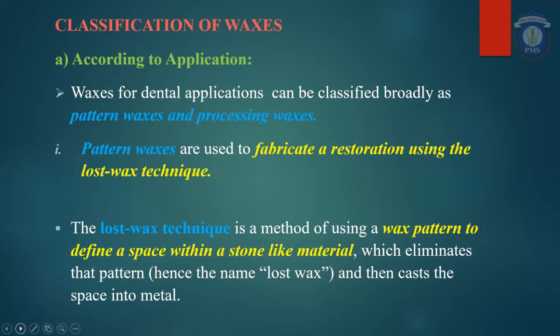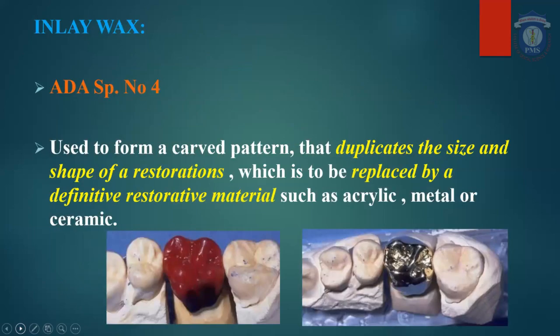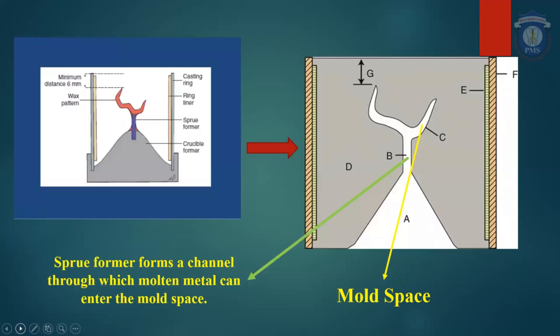Basically, in the casting procedure, after fabricating the wax pattern, you attach the sprue former, then it is attached to a sprue base or crucible former, and a casting ring is placed with the casting ring liner. Then you invest the casting ring. After that, there is a burnout, and during burnout this wax pattern is eliminated.